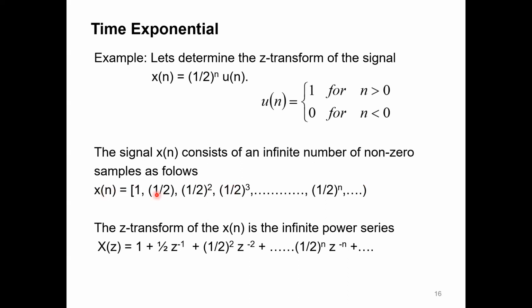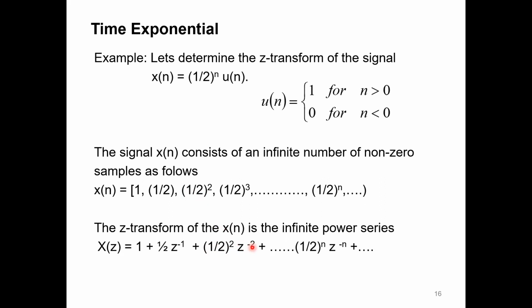But if you put time information also, you can say it's z to the minus 1 with that signal. What about the third one? Half squared. This is the value or magnitude of the signal, but it is 2 steps delayed. So you write down z to the minus 2.